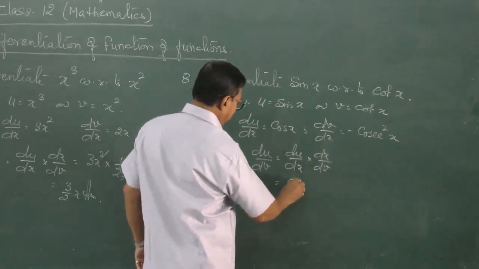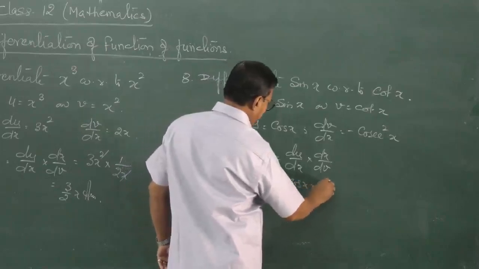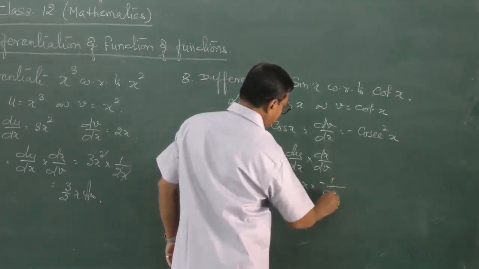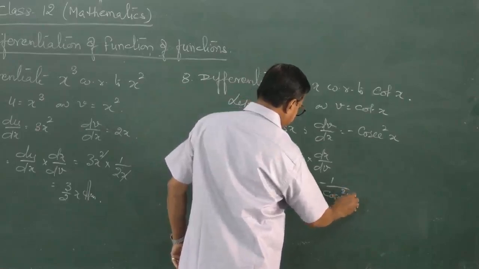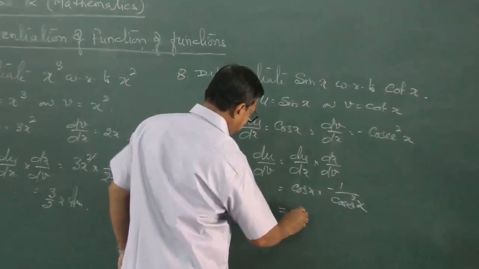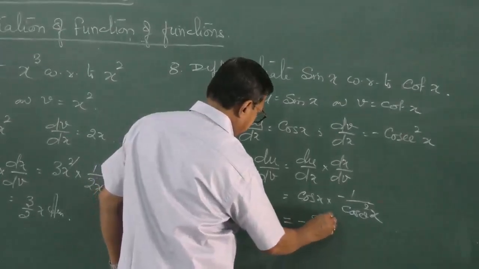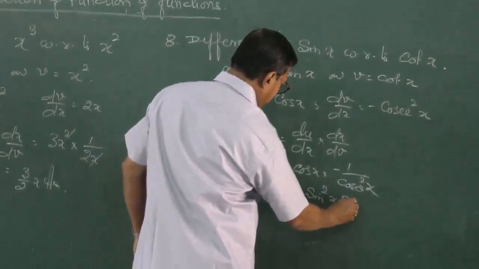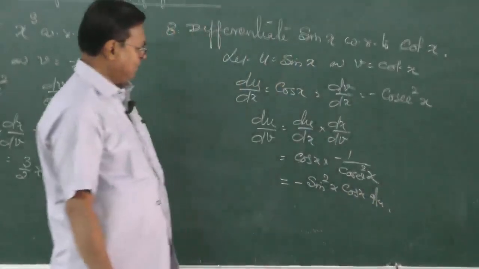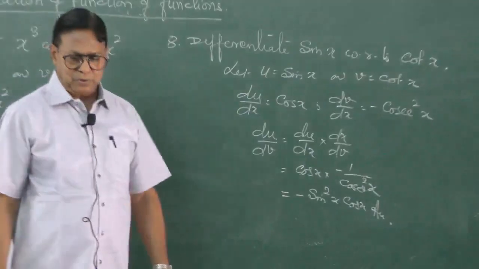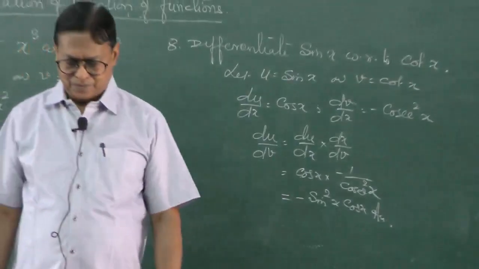So that is cos x into minus 1 by cosec square x. One by cosec x is sin x, so I change it. Even if you don't change it, makes no difference.